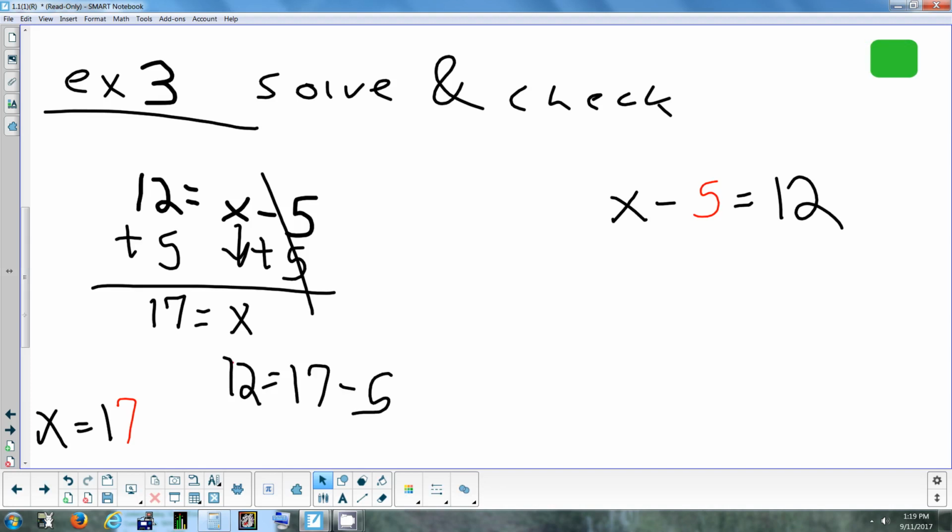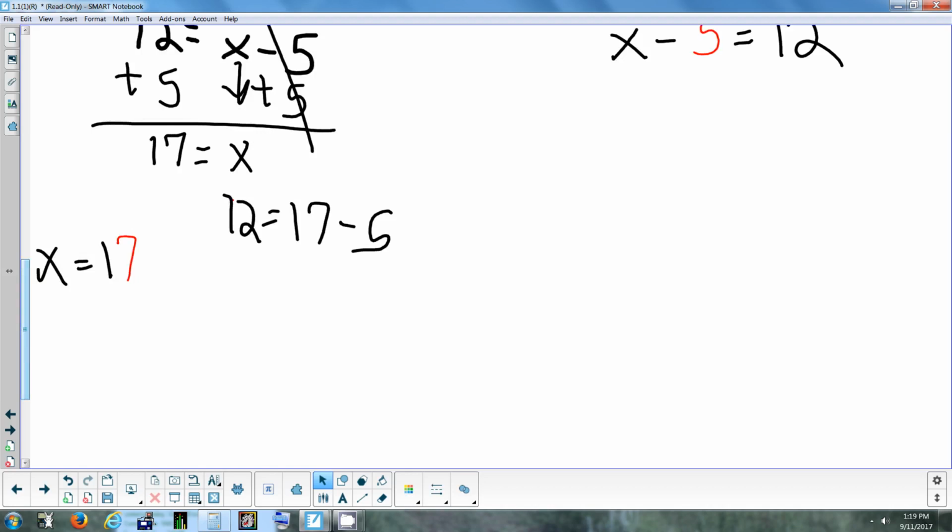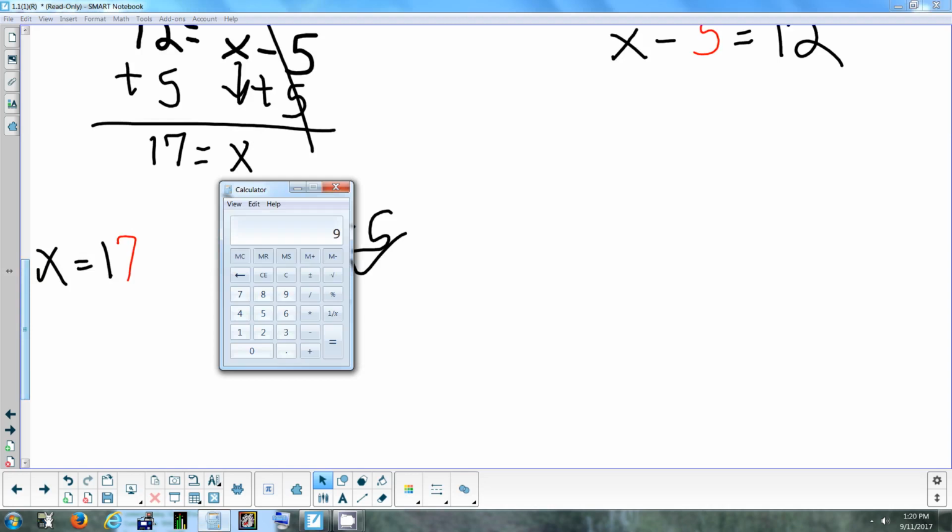Good. So, when I do that, right, Connor, 17 minus 5? Or 11. No, what do you want it to match up to? 12. 12, right? 12 equals 12, right? 17 minus 5, 12.